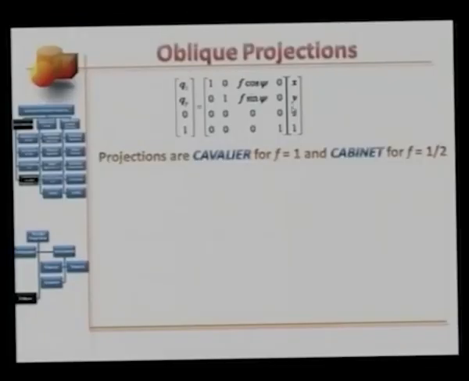These will represent points in Cartesian space, and these will represent the coordinates of the corresponding oblique projections on the xy plane.